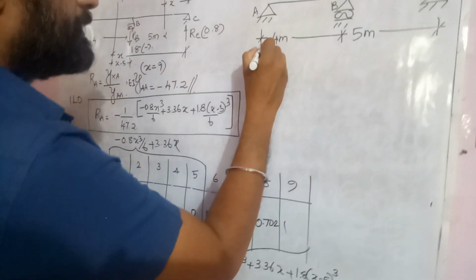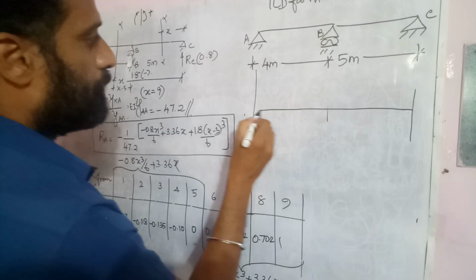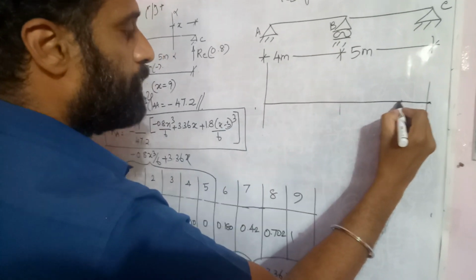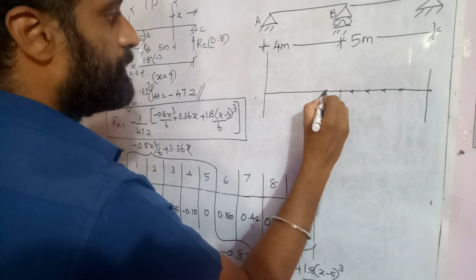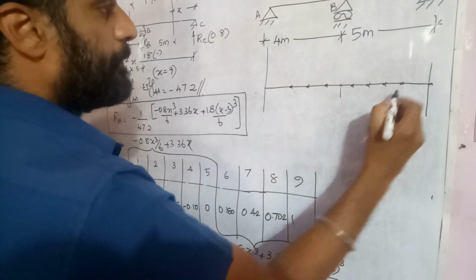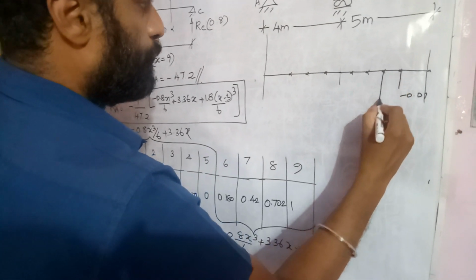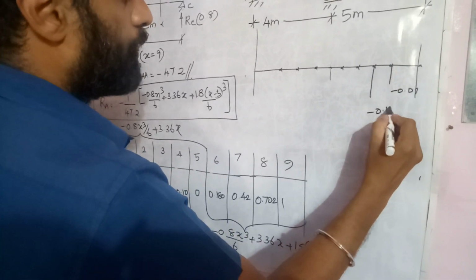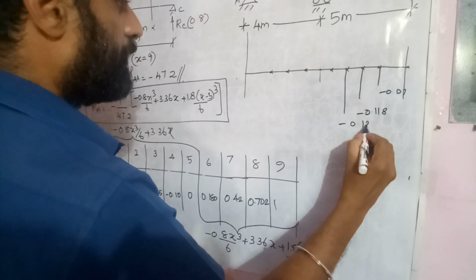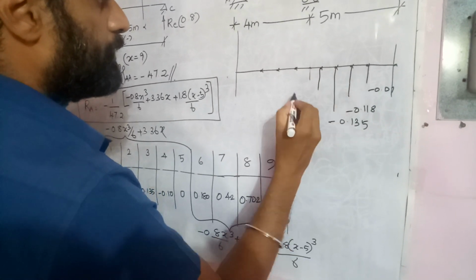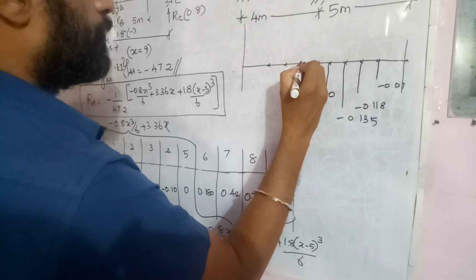So now we'll plot the intensity. You see, I'm plotting this. So this is 0, this is 1, this is 2, this is 3, this is 4, and this is 5, 6, 7, 8, and 9. So for 1 it is minus 0.07, for 2 it is minus 0.118, for 3 it is minus 0.135, for 4 it's minus 0.10, and 5 is 0.